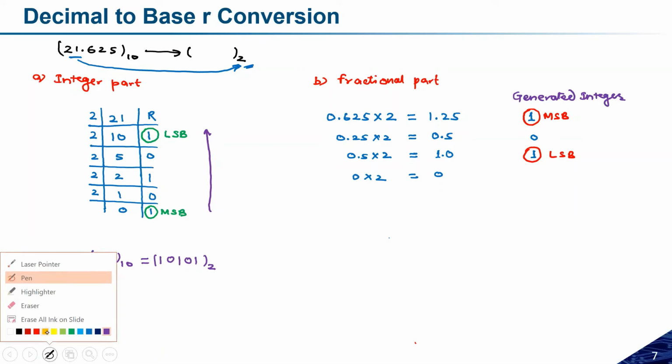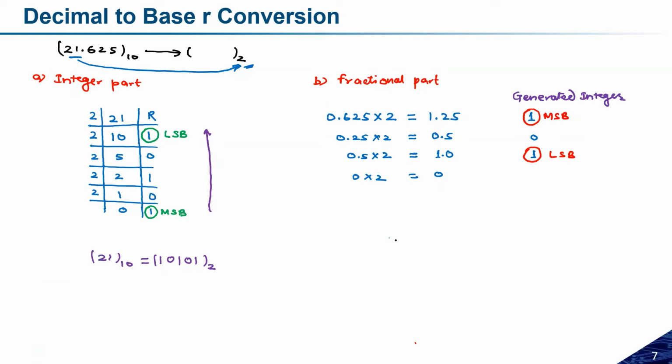Then if I have to write this number, simply we write from MSB to LSB in this direction. So 0.625 in the decimal number system will be 0.101 in base 2.